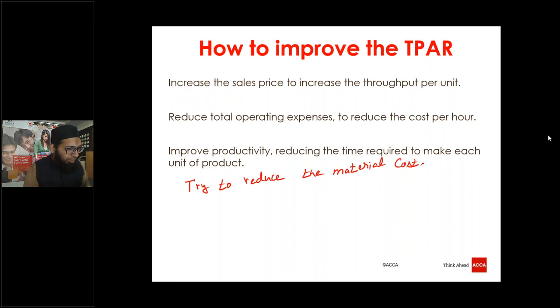So please note that. We can also do this by reducing the material cost. And that is where the third point comes from, that is improving the productivity. The point that you are raising is improving the productivity.